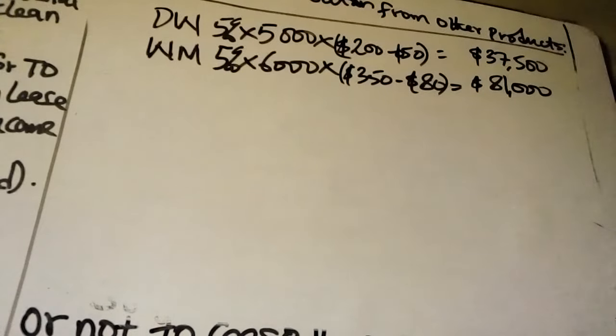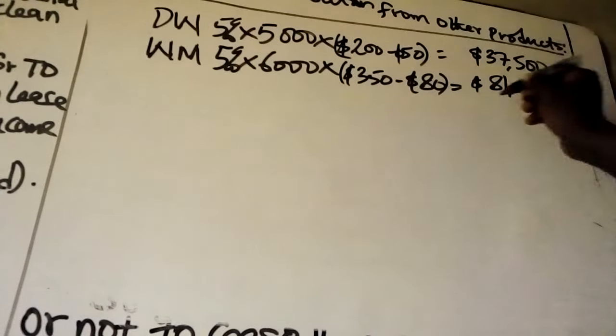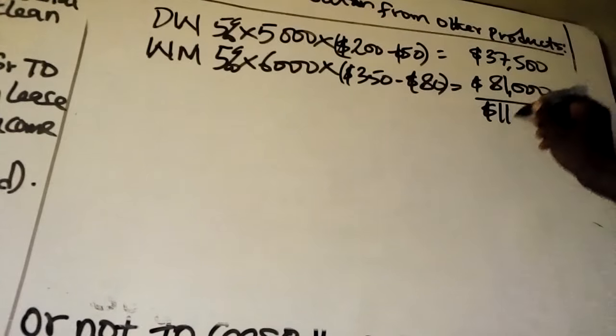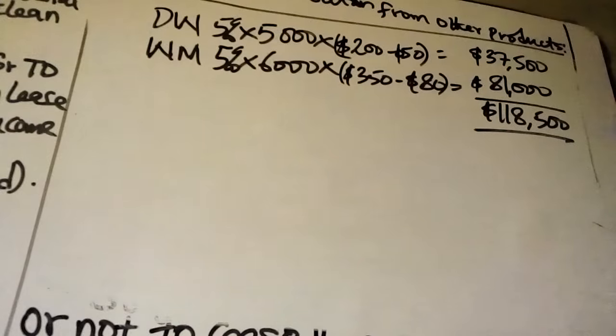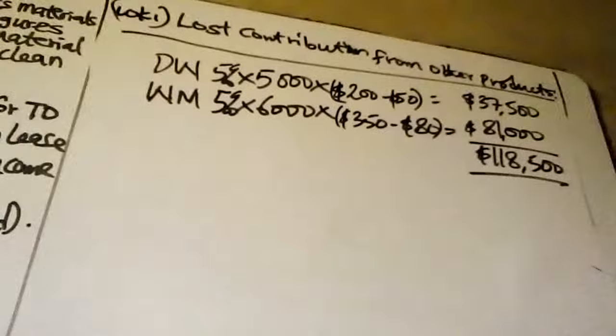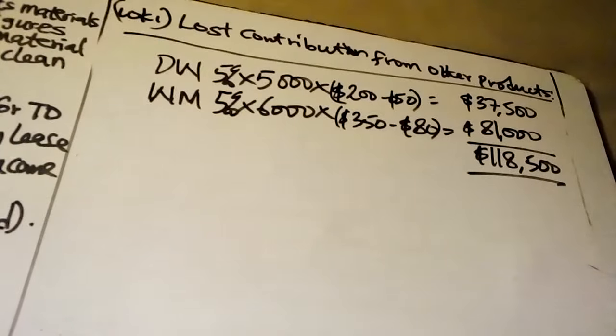If you have 81,000 plus 37,500, if you sum it up, you have 118,500. That is the contribution that will be lost from other products. Lost contribution from other products will be 118,500.